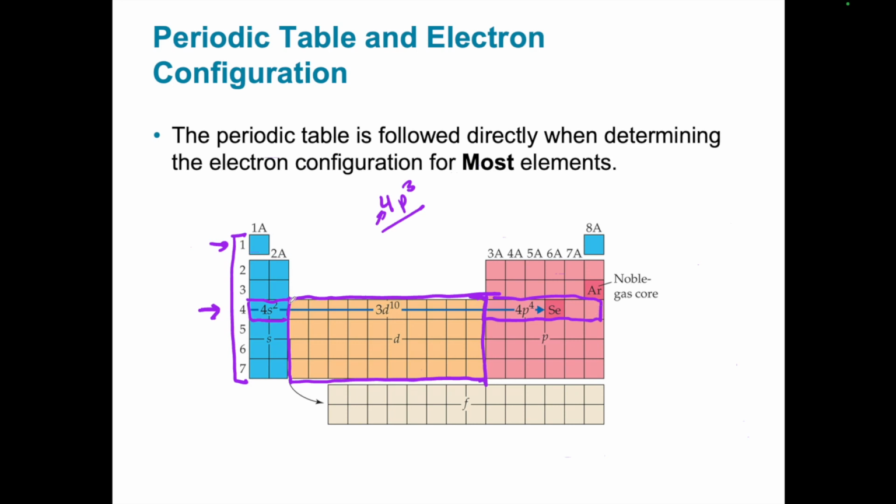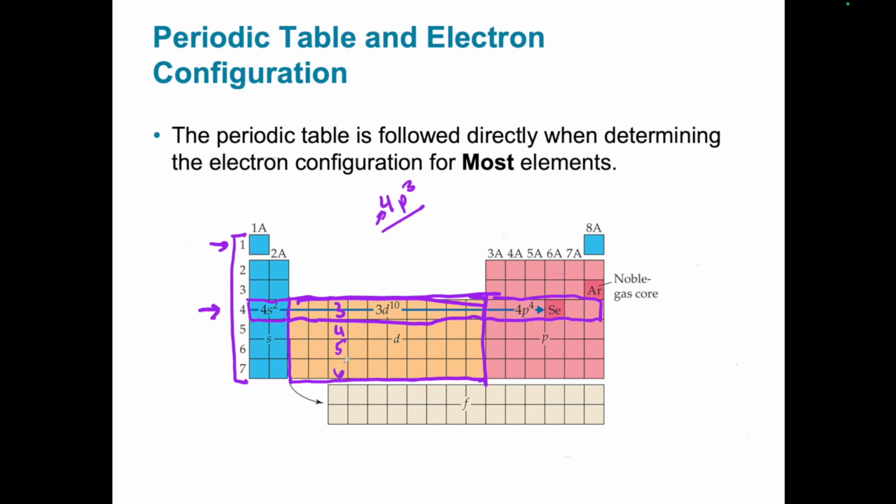But for the d orbitals, it actually goes down 1, where it's at the n equals 3 number. So where you had rows 4, 5, 6, and 7 for both the s block and the p block, for the d block you're going to have rows 3, 4, 5, and 6. There's going to be one less.